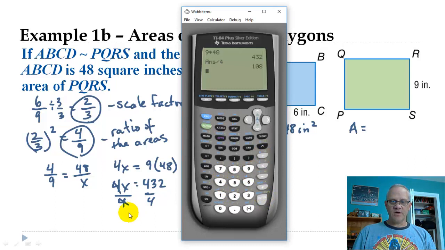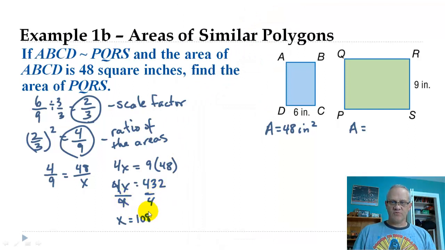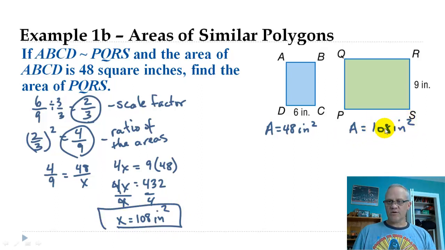That gives us 108, so x is 108. And again, remember that's in inches squared. So this would be 108 inches squared. Okay?